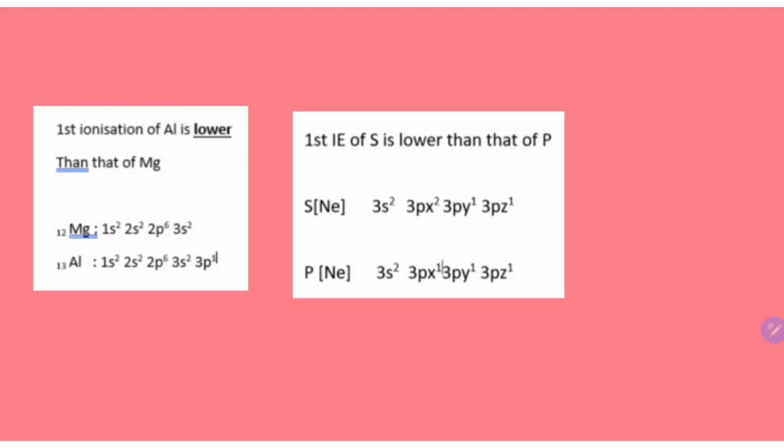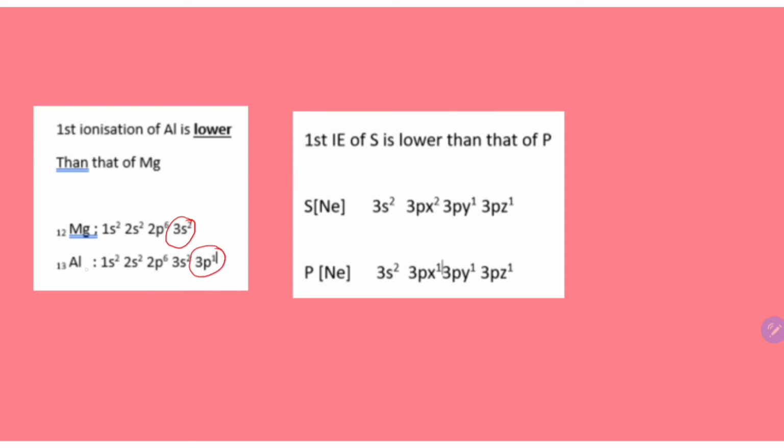Okay, here the first ionization energy of aluminum is lower than that of magnesium. The same case as beryllium and boron. Magnesium is from 3s, aluminum from 3p.